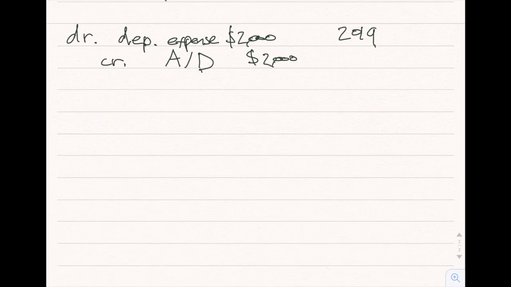So the useful life is 5, so we have 2019, 20, 21, 22, and then in 2023, that's the last year that we're going to record depreciation for this asset because that's the last year of its useful life.